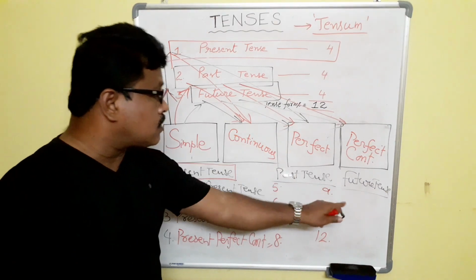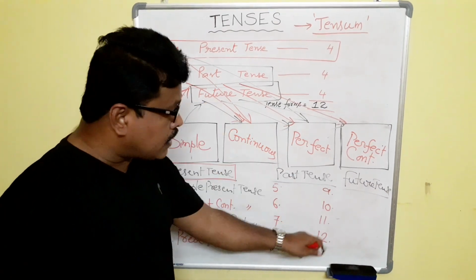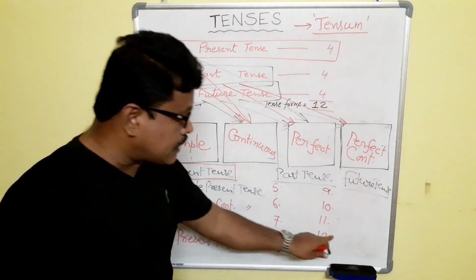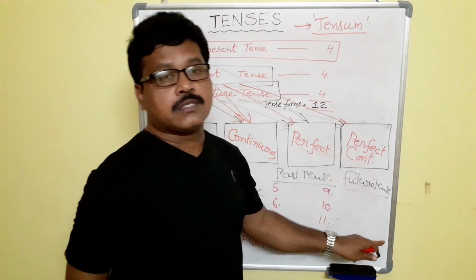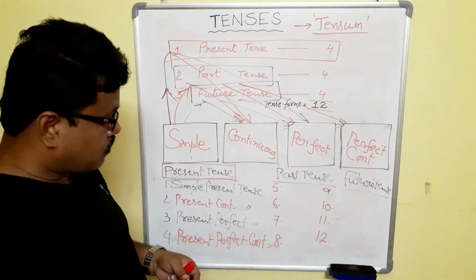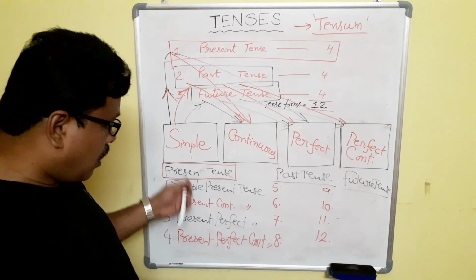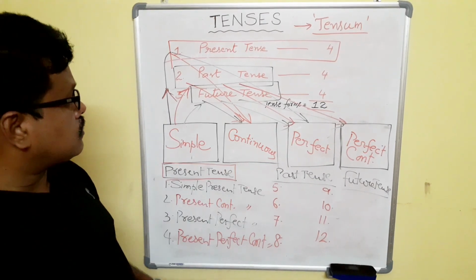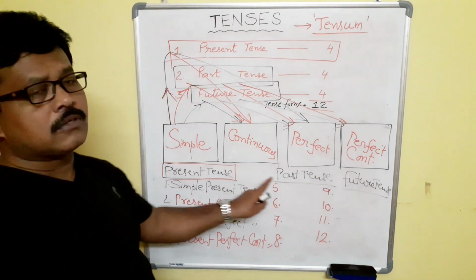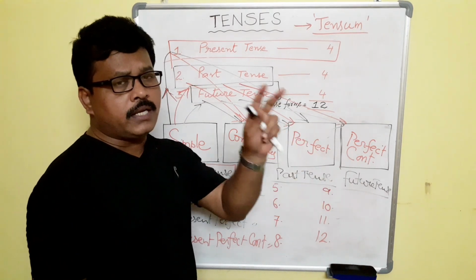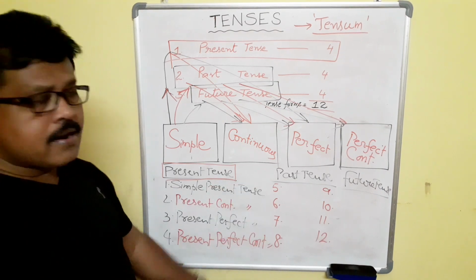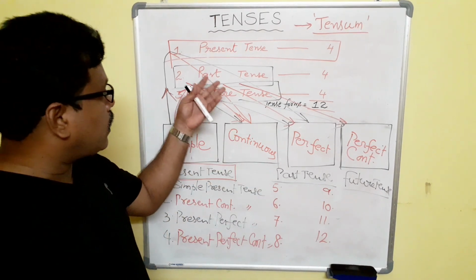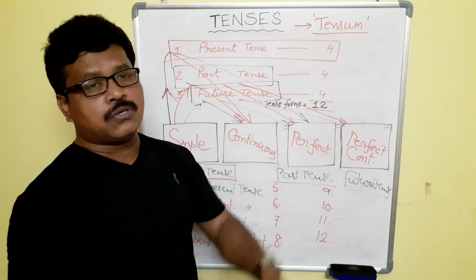Simple future tense, future continuous tense, future perfect tense, future perfect continuous tense. Okay, like this we can derive all the 12 forms with the help of this diagram. So tenses are 3, tense forms are 12.